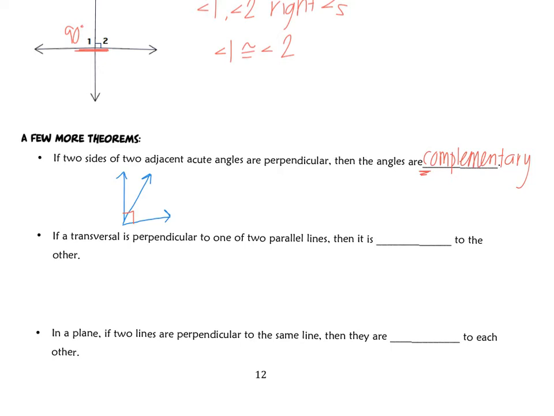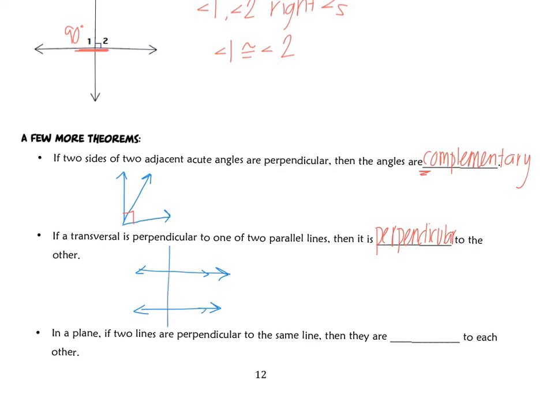Next theorem: if a transversal is perpendicular to one of two parallel lines, then it is going to be perpendicular to the other. Let me draw you a picture and show you. So here are my parallel lines. I note parallel with my little arrows.